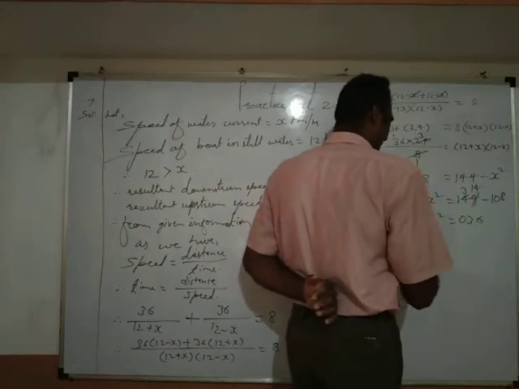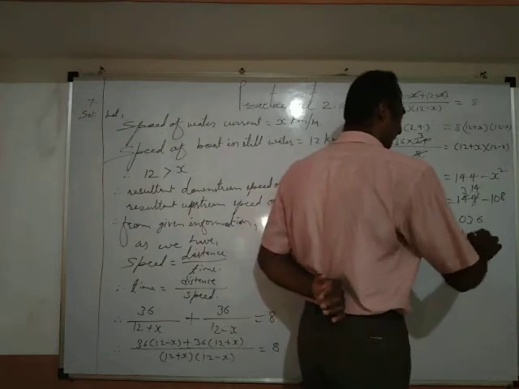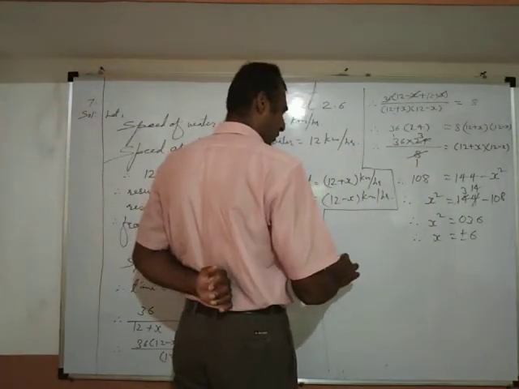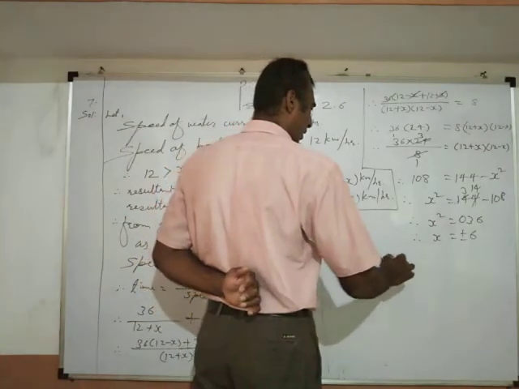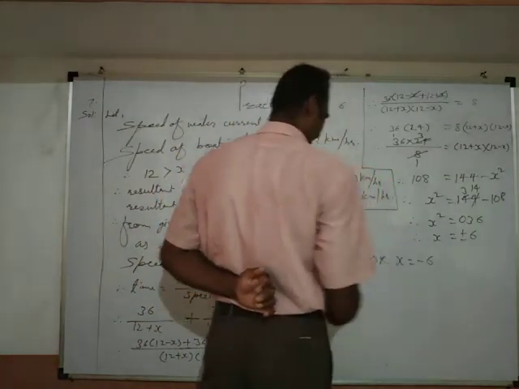X square equals 36, and therefore x equals plus or minus 6, and therefore x equal to 6 or x equal to minus 6.